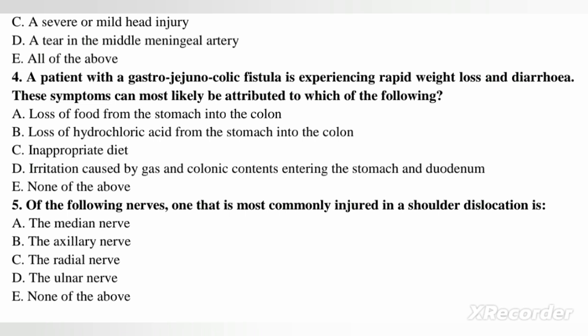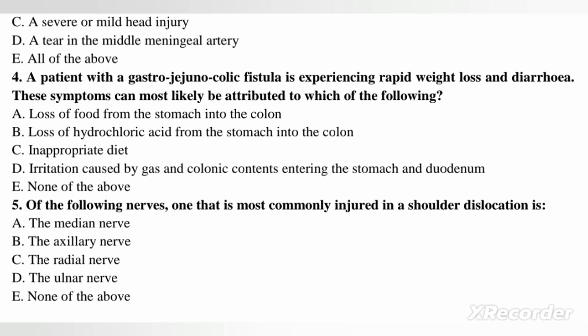The C option talks about inappropriate diet. A poor diet may worsen the condition of a patient, but we cannot assume that it will directly cause these symptoms that we have seen here, and even if it did, it would not be that rapid.